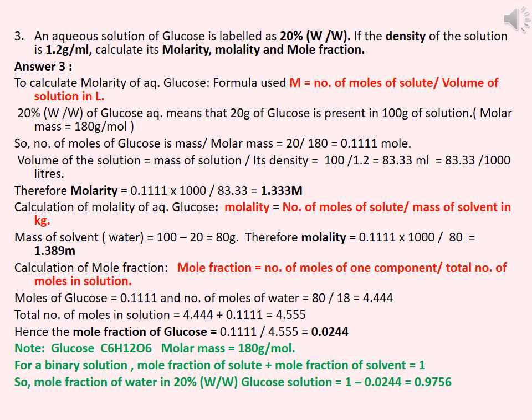You can convert it into liters, divided by 1000 ml or cc divided by 1000. You will get the volume of the solution containing 20 grams of glucose in liters. Therefore, molarity of solution is equal to number of moles of solute present in volume of the solution in liters.